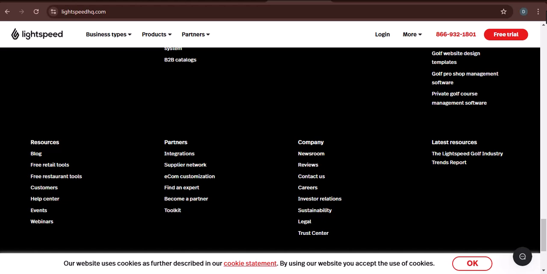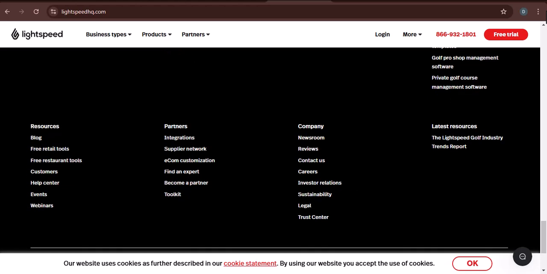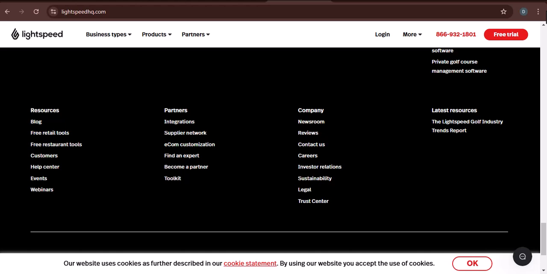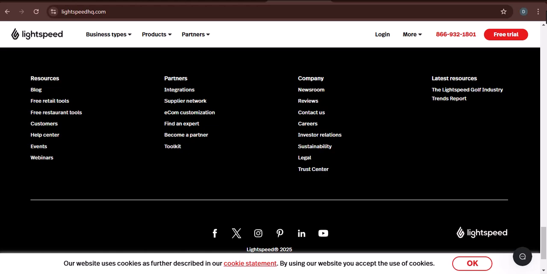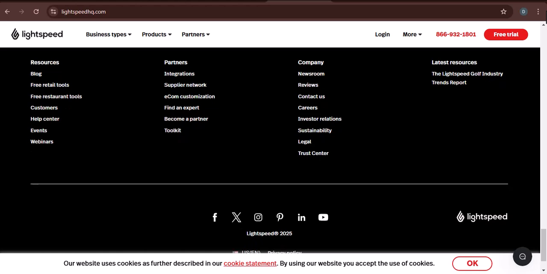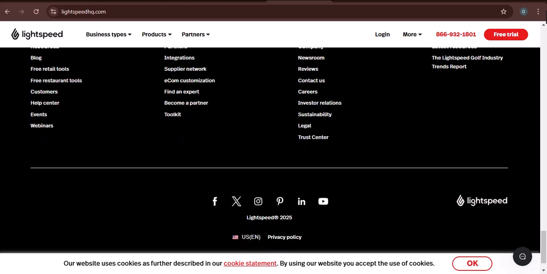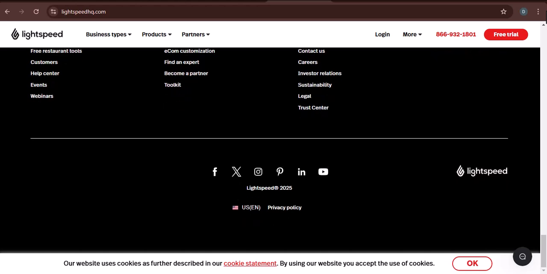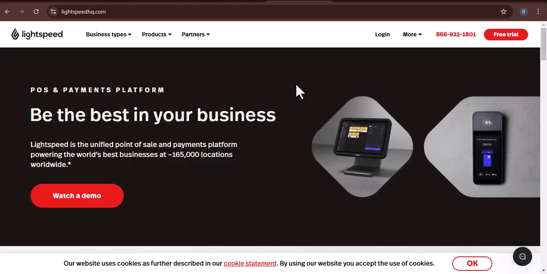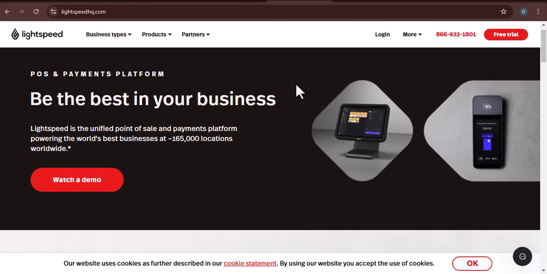The specific minimum deposit amounts for each of these account types can vary, and it's important to understand that these numbers can change. Brokerages adjust their requirements based on market conditions, regulatory changes, and their own business strategies. So, the best way to find the current minimum deposit for each Lightspeed account type is to visit their official website. Don't rely on outdated information you might find on forums or other websites.